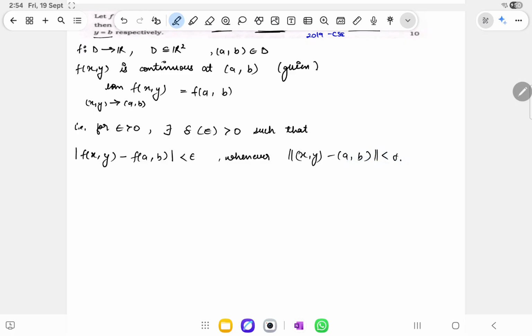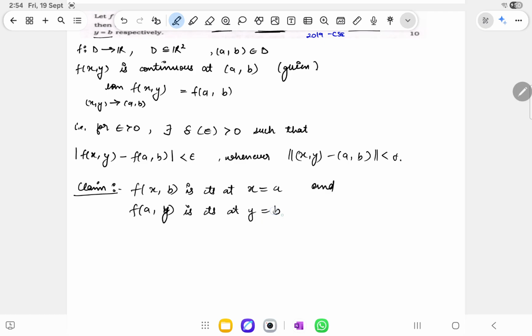Our claim is that f(x, b) is continuous at x equals a and f(a, y) is continuous at y equals b.